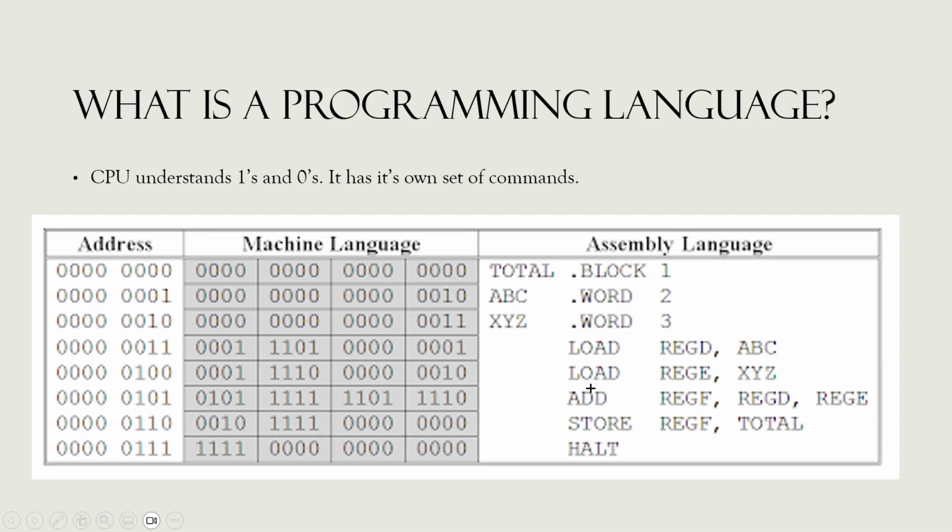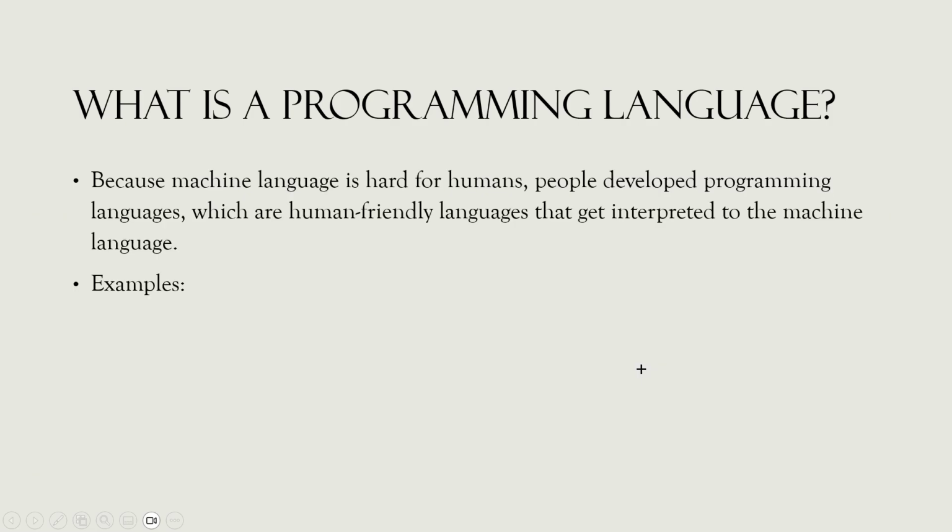If you really need the computer program to be optimized as much as possible, then you would be writing in assembly language. But this is very inhuman. It's hard for us to understand what's going on when you see how this machine language operates. So what's needed is something called a programming language.